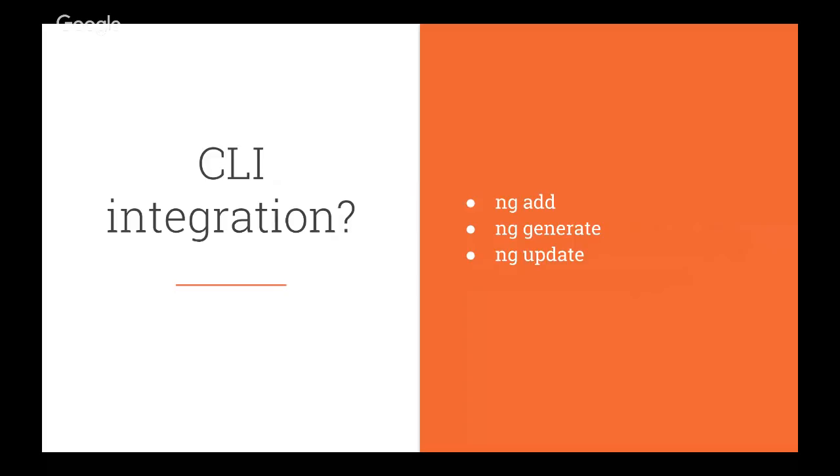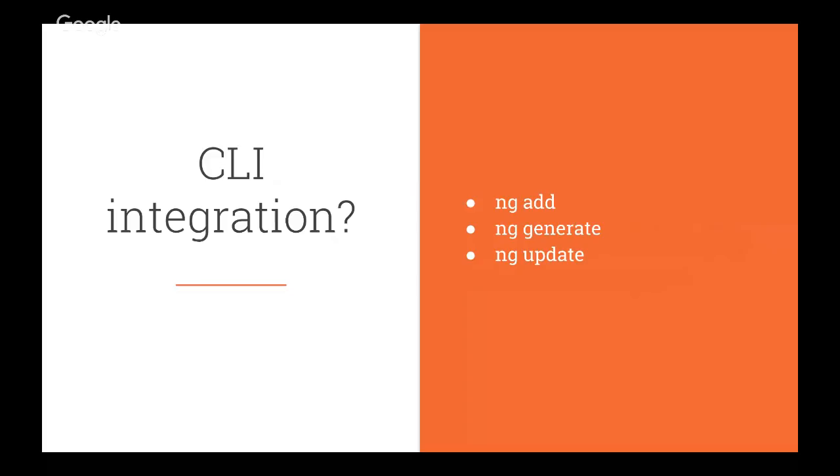When it comes to using schematics, for the majority of people, this is going to be in the Angular CLI with the ng command. So if you run ng add and pass it a library, that will generally install that as a dependency and then run whatever the library maintainer has set up as the default schematic to run. And same thing for generate. You can pass a specific schematic collection to that.